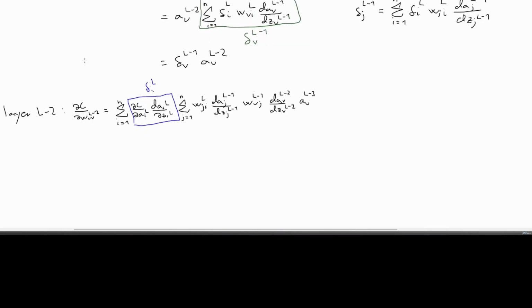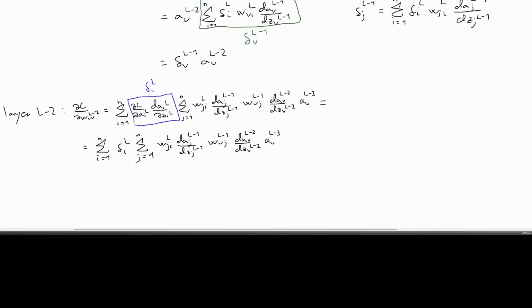So substituting that gives us that this derivative is equal to the sum as i goes from 1 to n of delta i at layer L times the sum as j goes from 1 to n of, and I'm just going to copy paste these terms again here.